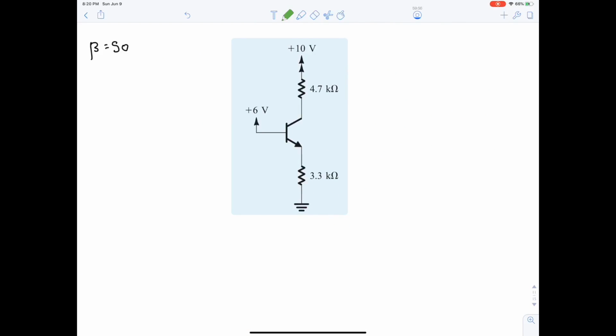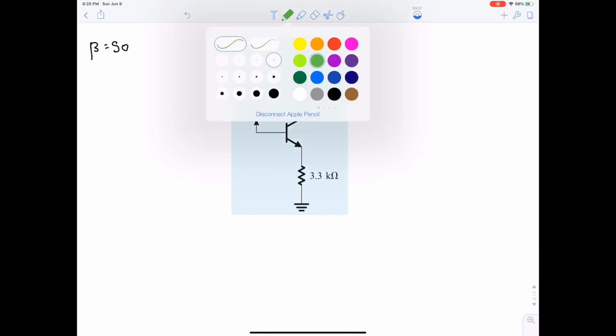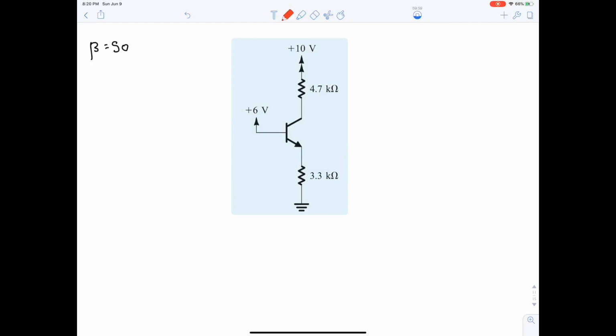Moving on. How do we start? We start by identifying the type NPN. Then we will label VC, VE, VB, IC, IE, and IB. Okay? Then the list. Next, assume active.